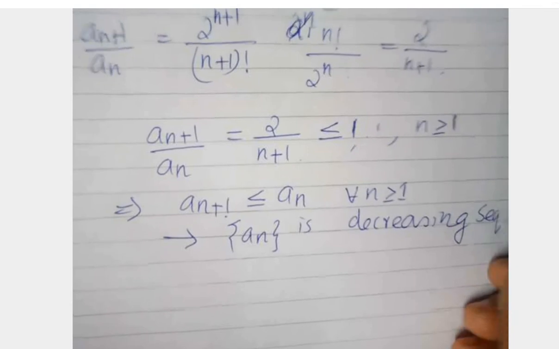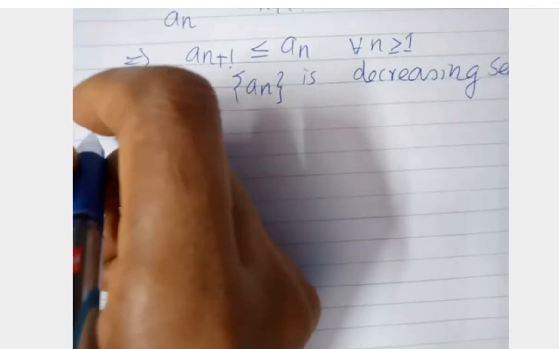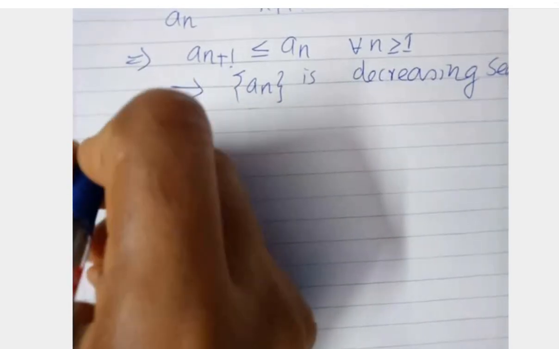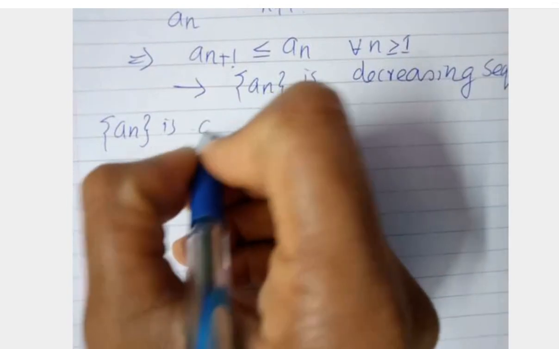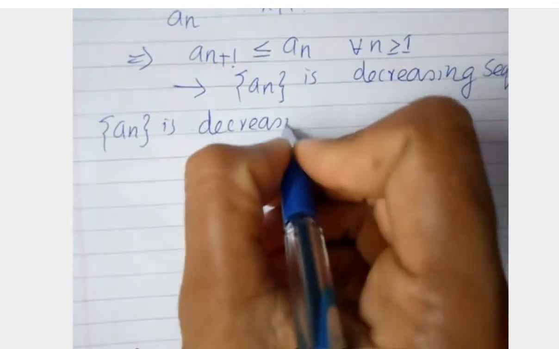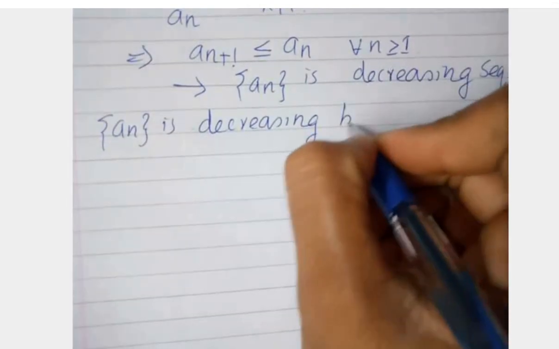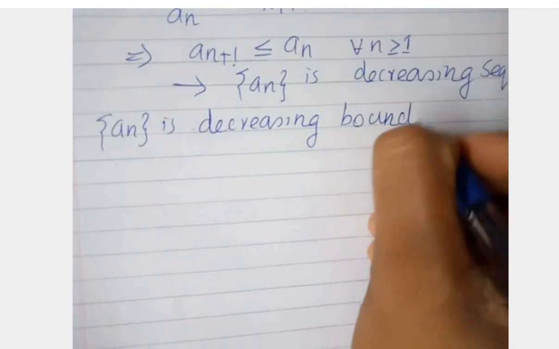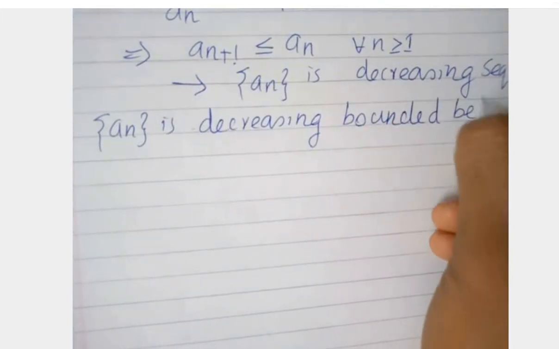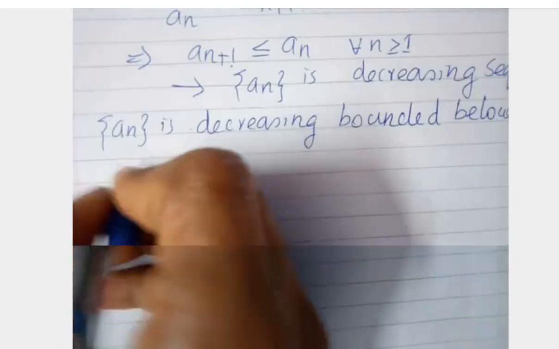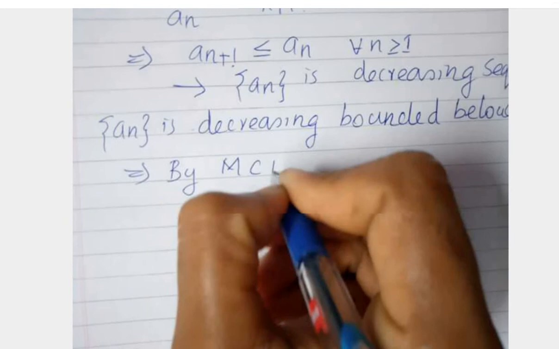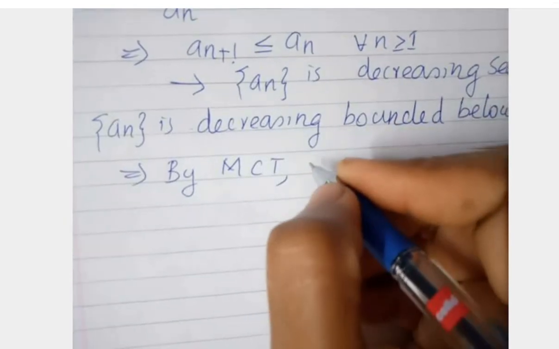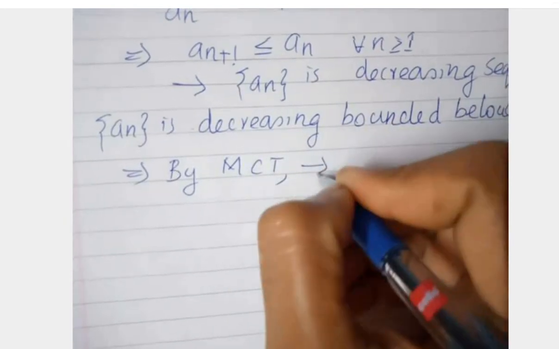So the sequence an is decreasing and bounded below, which implies by the monotone convergence theorem that the sequence is convergent.